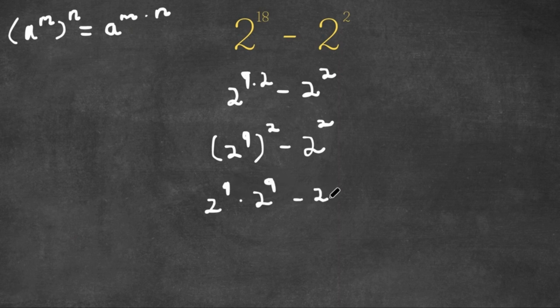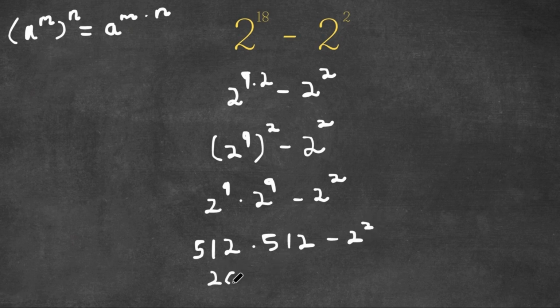Now minus 2 squared. And 2 to the power of 9 is 512. You guys should know that because you guys should know your powers of 2. So now we have 512 times 512 minus 2 squared. Now 512 times 512 is 262,144.